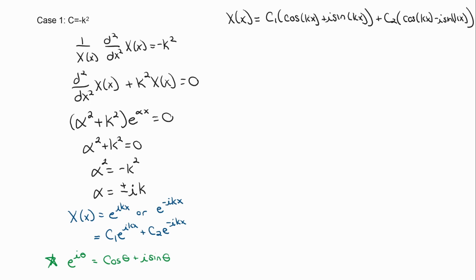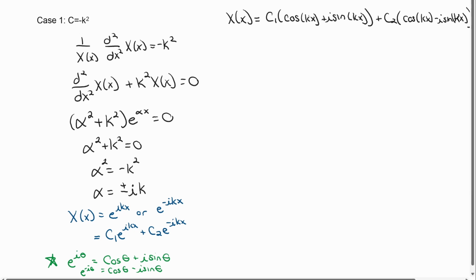The reason why the cosine is positive is because it's an even function, so if you take the cosine of a negative value, it's just the same thing as taking the cosine of the positive value without changing the sign. But the sine function is odd, so that's why we have to flip the sign whenever you apply it onto our negative value in the parentheses. So I'll write that down here below. If it's e to the negative i theta, we'll get cosine of theta minus i sine of theta.